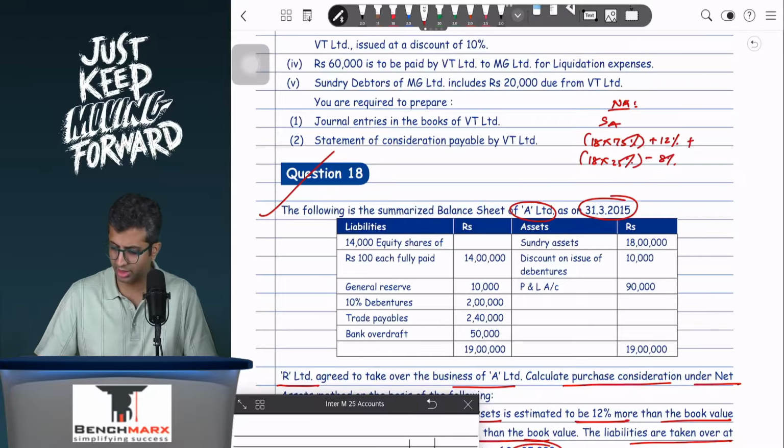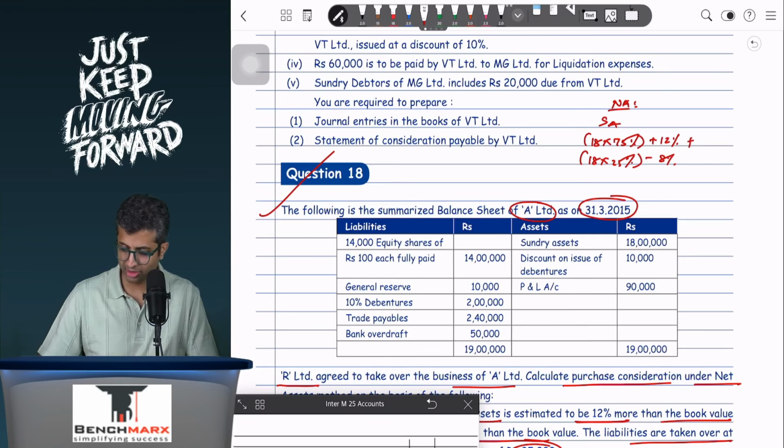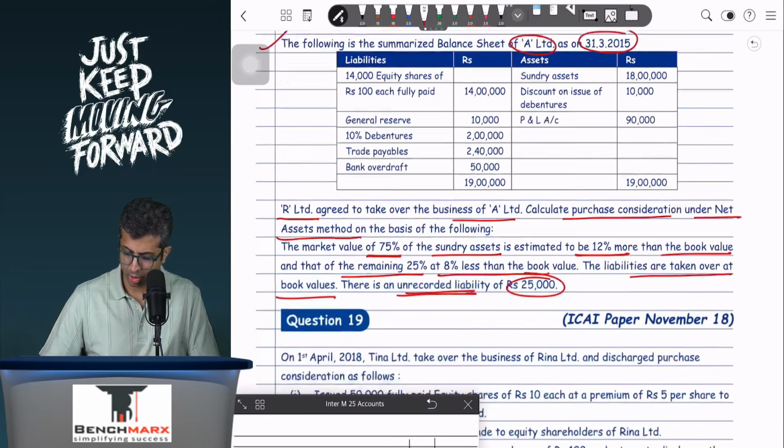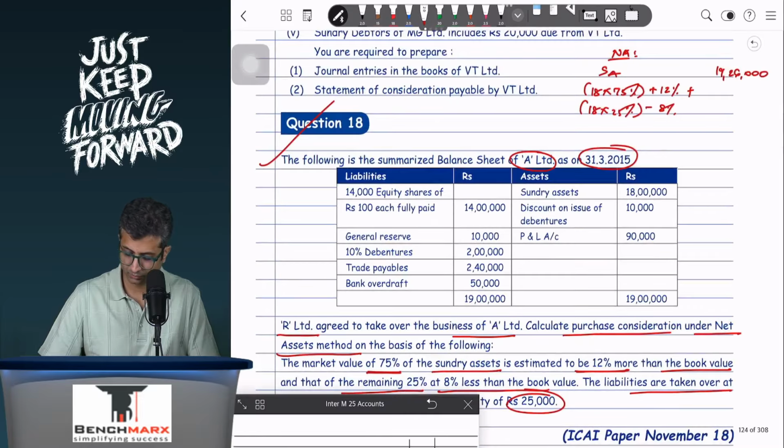So how much do you get? This is 19 lakh 26,000. Sundry assets will be 19 lakh 26,000 minus liabilities at the book values.